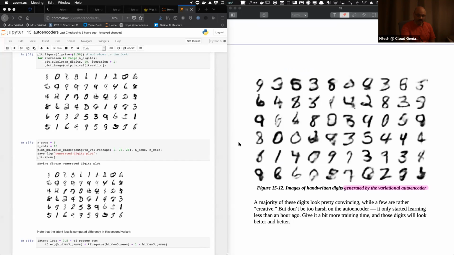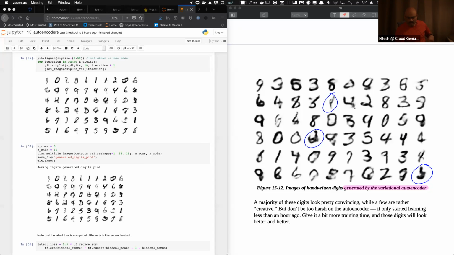And some of these are crazy. Like you can see that it is actually crazy here. Here maybe. I don't know what this thing is. Maybe I do. Excuse me. Maybe it's a 5. I have no idea what this thing is. Maybe it's a 0. This is definitely a made up thing.